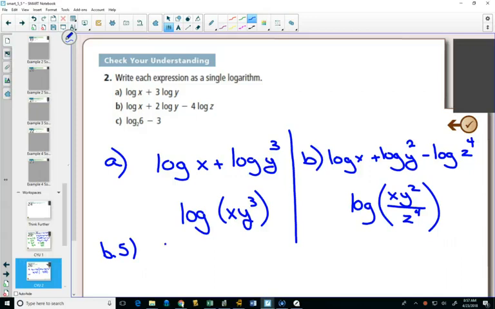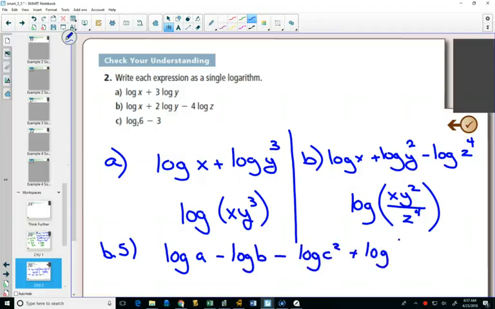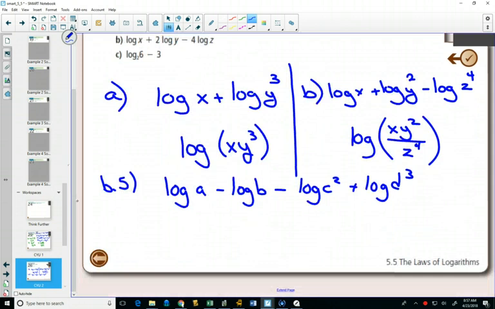Which can be really handy, because if I add an example in here, B.5, and I said, well, what is log a minus log b minus log c squared plus log d cubed? I've already put those powers inside. And now I just have a bunch of logs adding and subtracting. I want you to be able to go directly to the answer and say, whatever is adding, in this case, can you see the log a is positive and the log d cubed is positive?